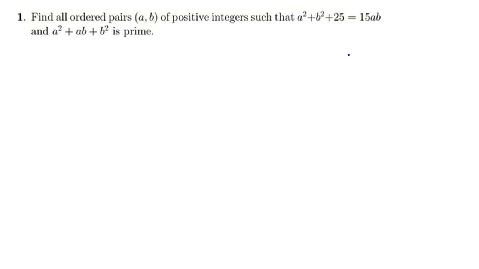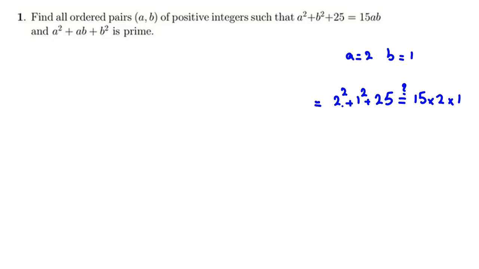But if one of them is 2, for example a=2, b=1, or vice versa, the right side is 30, and the left side is also 30. Let's check. 2 squared plus 1 squared plus 25 should equal 15ab, which is 15 times 2 times 1.